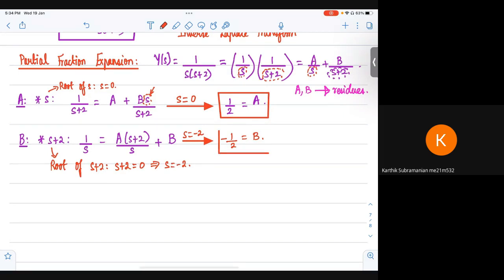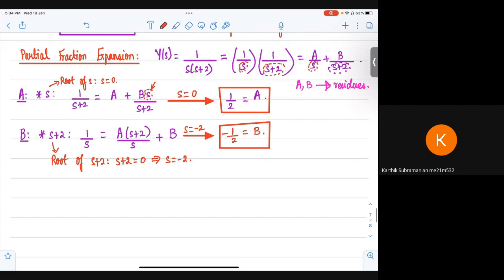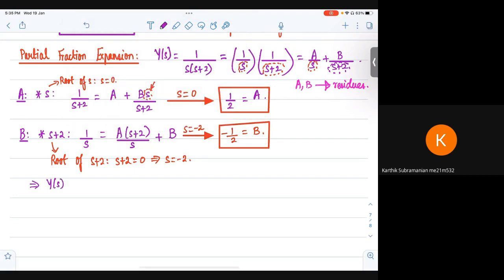We have calculated the two residues. This implies that the output function y of s, which is a by s plus b by s plus 2, becomes 1 by 2s minus 1 divided by 2 times s plus 2.